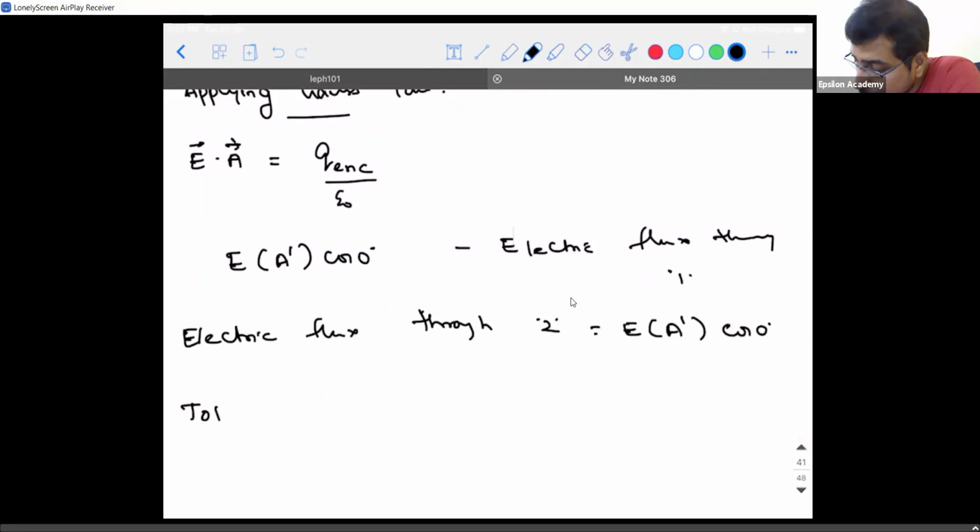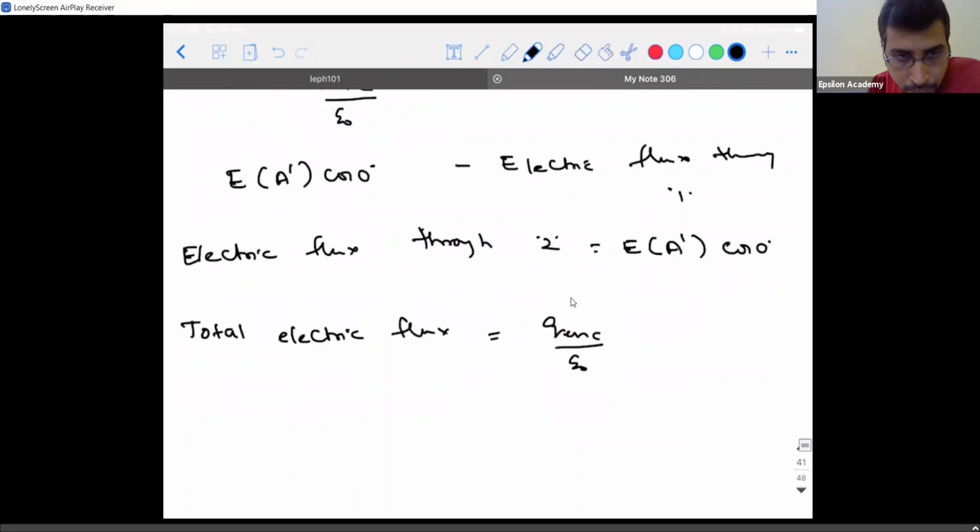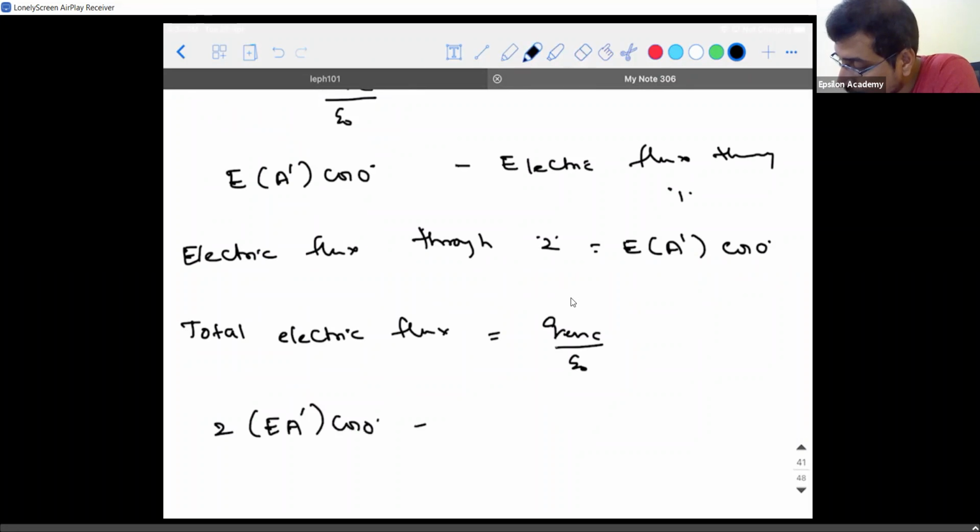So according to Gauss law, total electric flux is equal to charge enclosed divided by epsilon naught. Correct? So what is the total electric flux? Is it not 2 into E into A dash times cos 0 degrees, which is equal to the total charge enclosed, sigma into A dash, divided by epsilon naught.